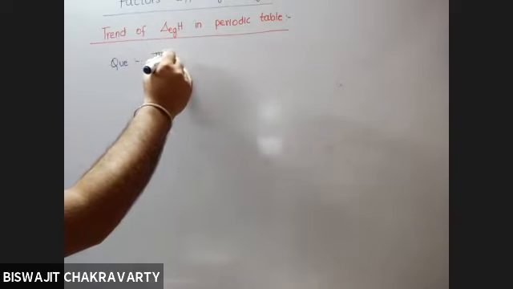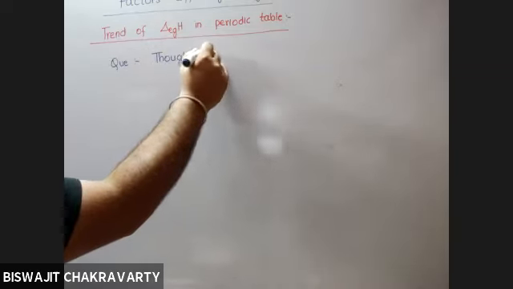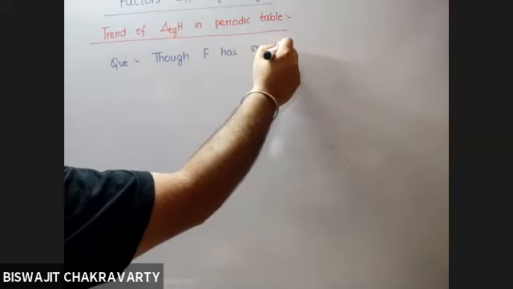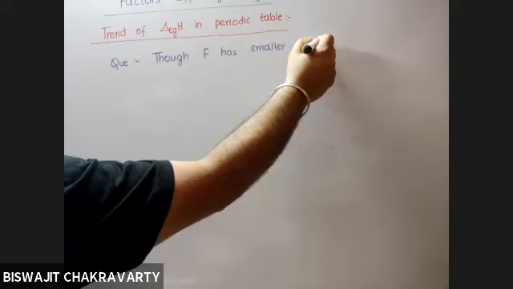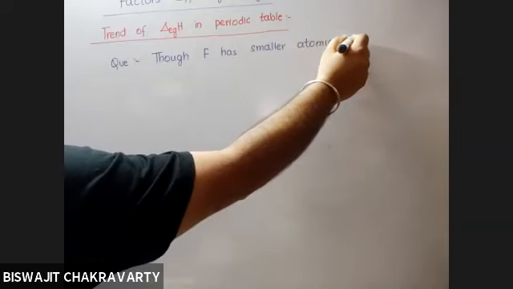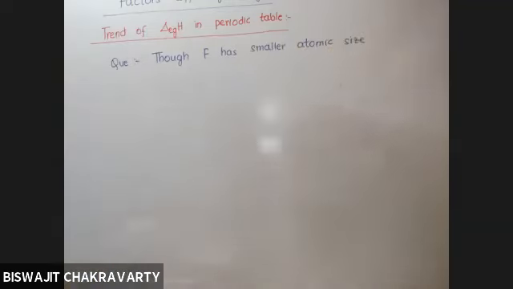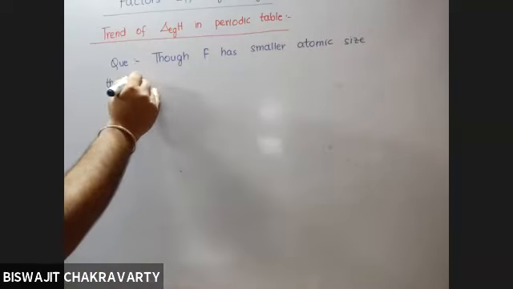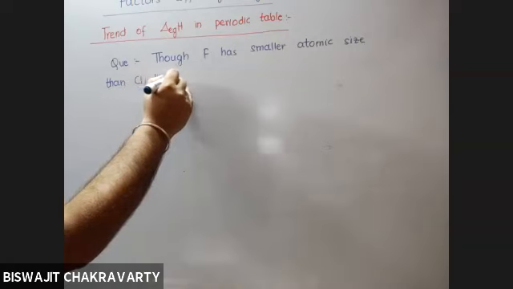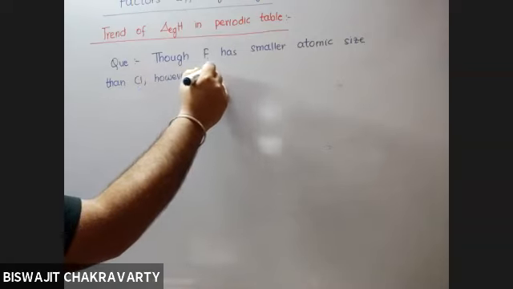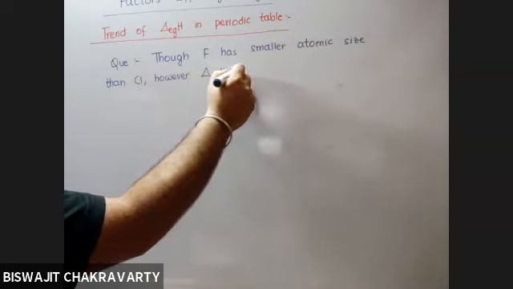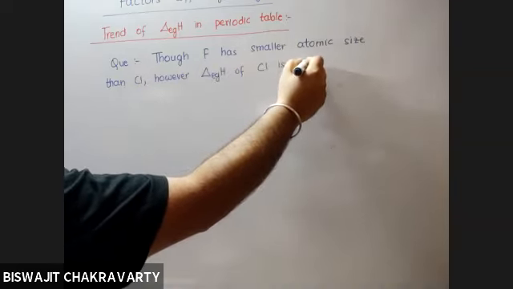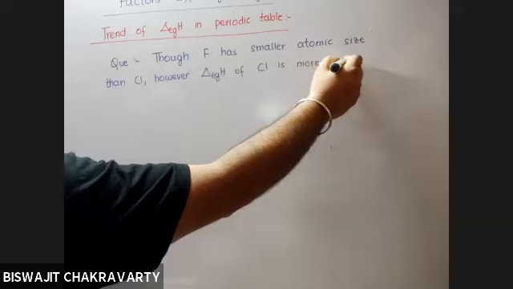Though fluorine has smaller atomic size than chlorine, however, delta EGH of chlorine is more negative.